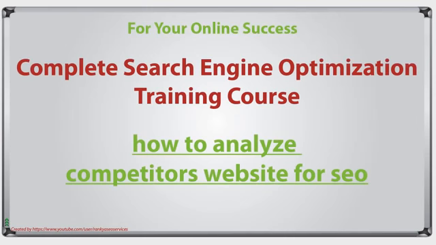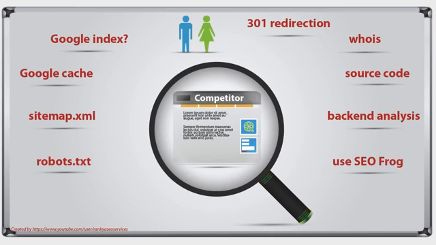Let's go back and see have I missed anything. We've done the backend analysis, we've looked at the backend, we've checked the sitemap, we've checked Google index and cache. You should have done the WHOIS information. We've checked the redirection. We know there's at least redirection happening, and we've also got an idea that whoever is managing the website is not doing things properly. The code itself, when I look at it, it's terrible.